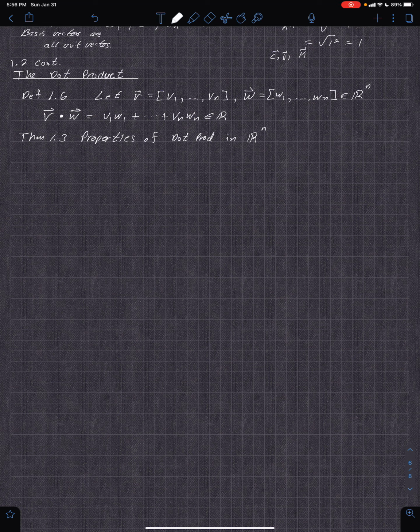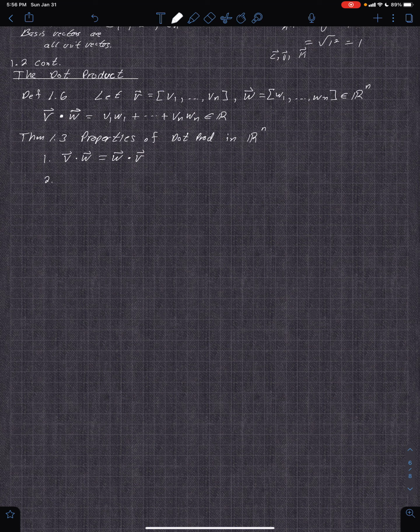I don't think I'll go through any of these, maybe one. You have the commutative property, so V dot W is equal to W dot V. That's pretty clear because each of these components may commute, so you can commute the whole thing.